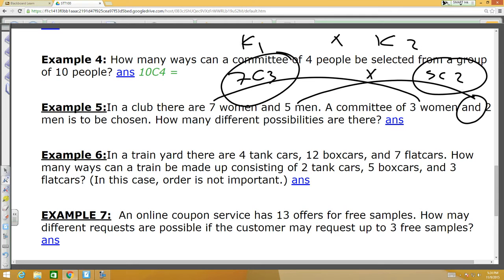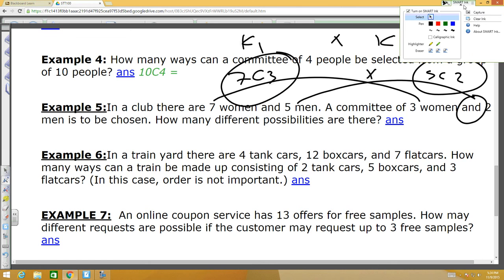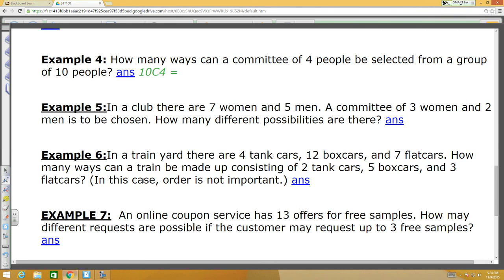Another alternative means more options, means you add. So if you have and, multiply. If you have or, add. The next question will be and, so you multiply, but example 7 will be or, so you add. I will leave this for you to try.